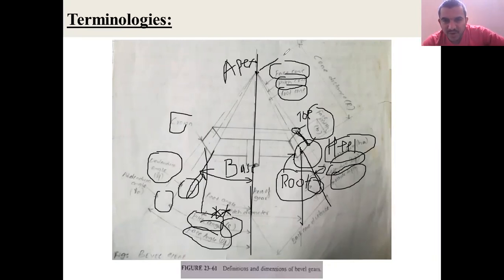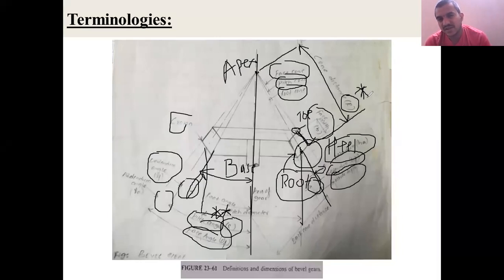And one more very important one: the distance between the crown and the apex of the cone is called the cone distance, or slant distance, which we represent as R. This is also an important terminology.